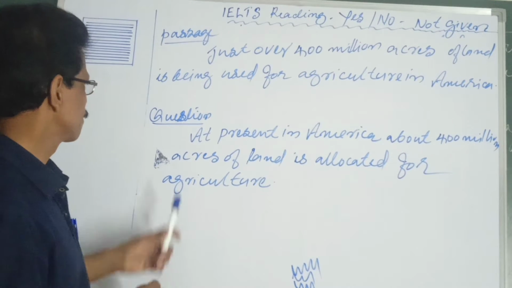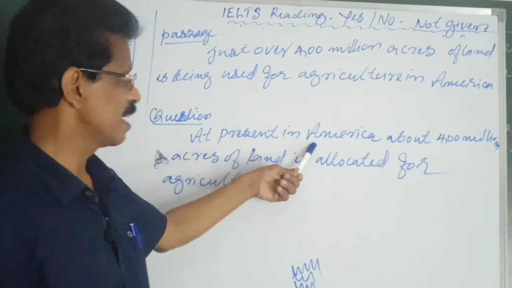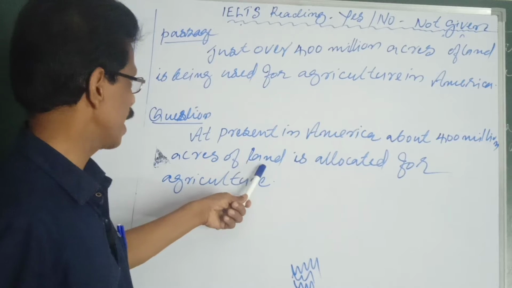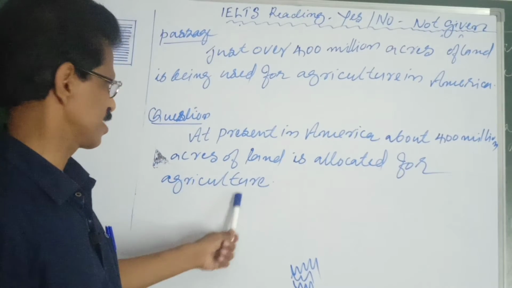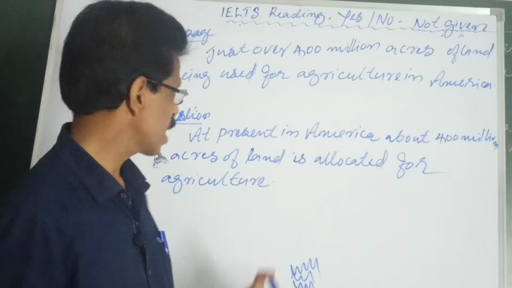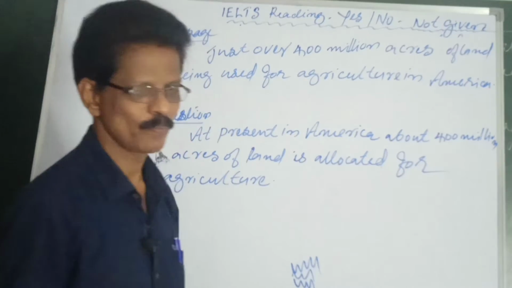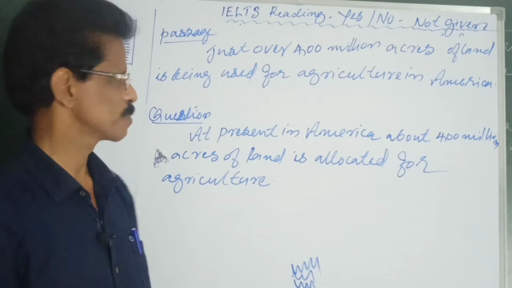The question: At present, in America, about 400 million acres of land is allocated for agriculture. Find the similarities and dissimilarities.